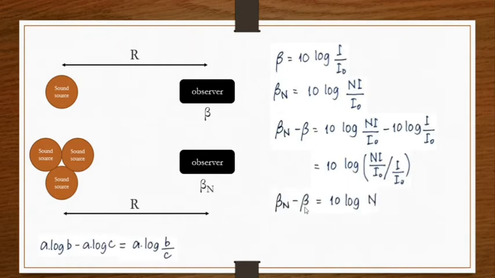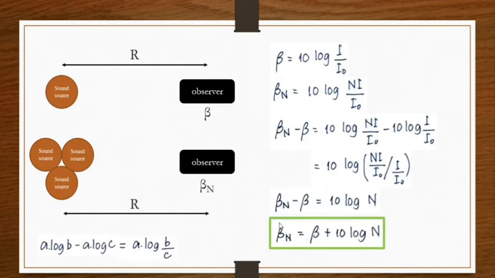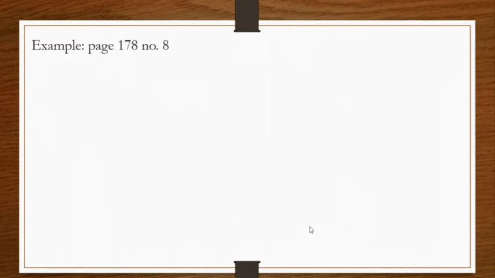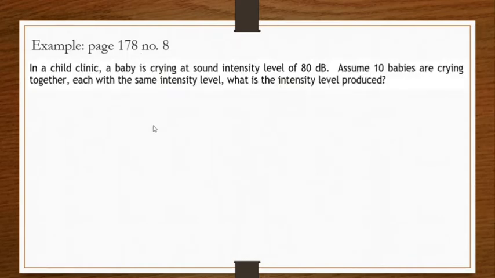So beta n minus beta will be 10 times the log of n. So beta n will be equal to beta plus 10 times the log of n. So this is the equation of the sound intensity level of n identical sources, each of sound intensity level beta.